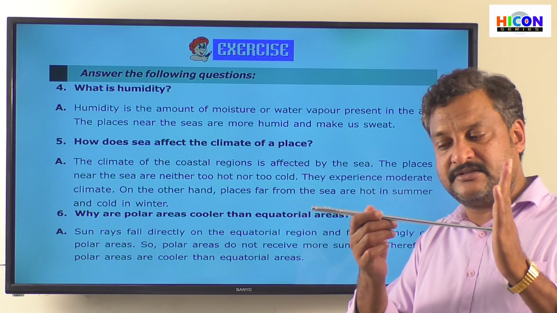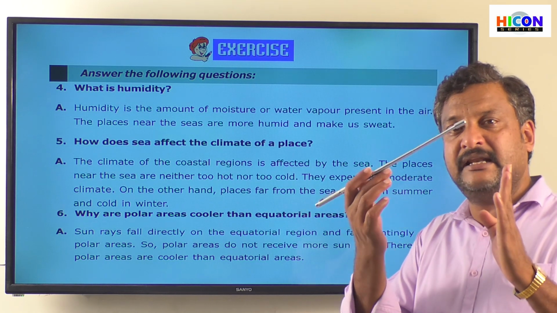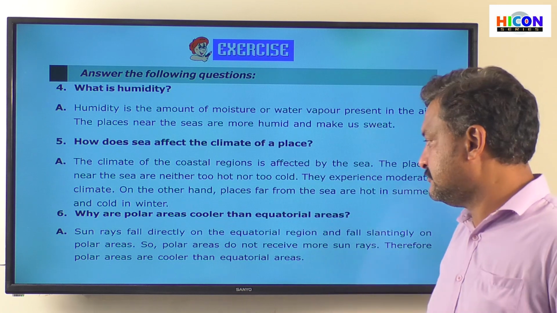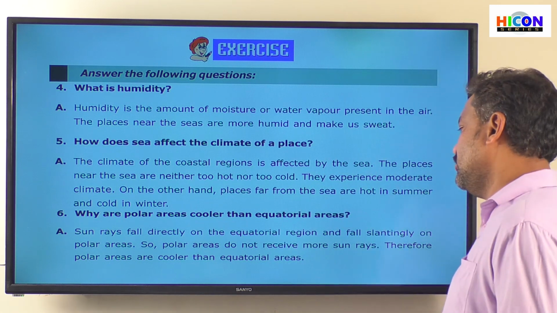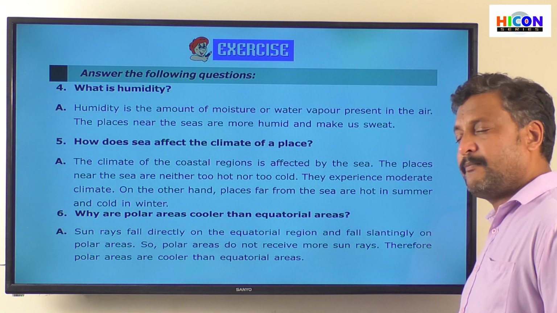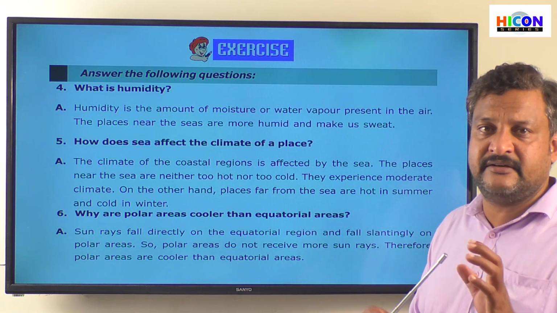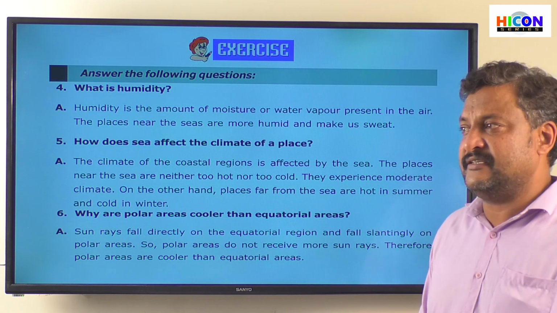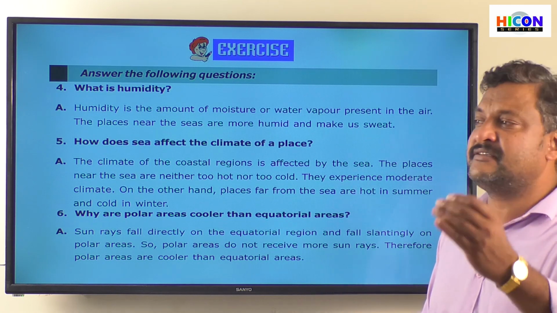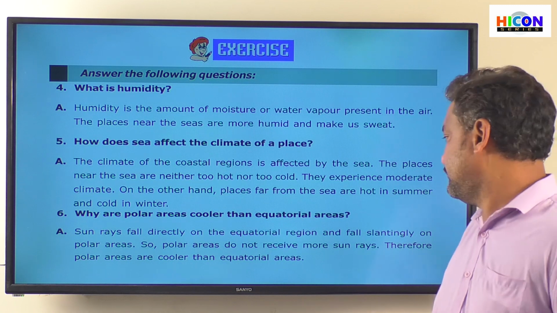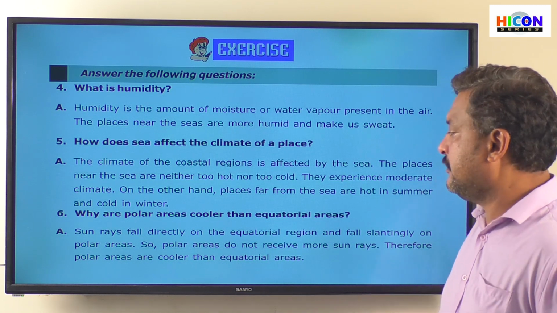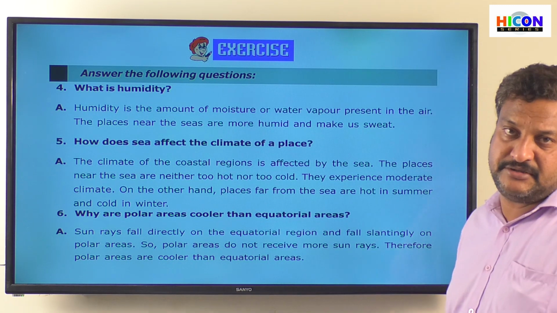Polar areas do not receive as many sun rays; they receive only very light sun rays. Therefore, polar regions are cooler than the equatorial region.